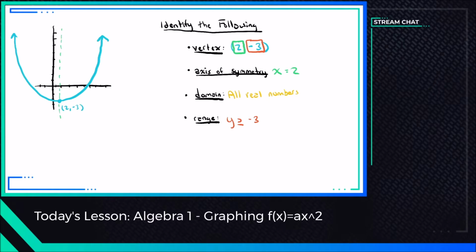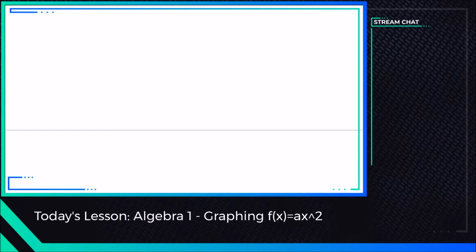So now how do we actually graph a parabola? Let's look at graphing f of x is equal to ax squared.